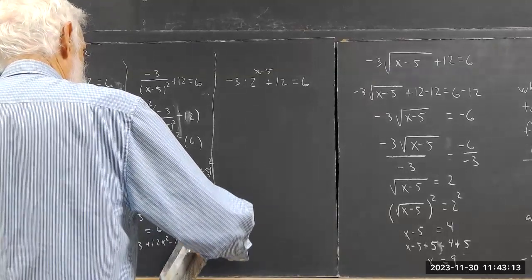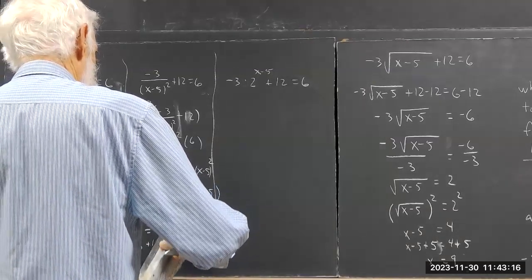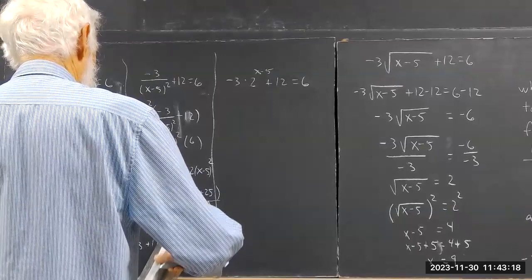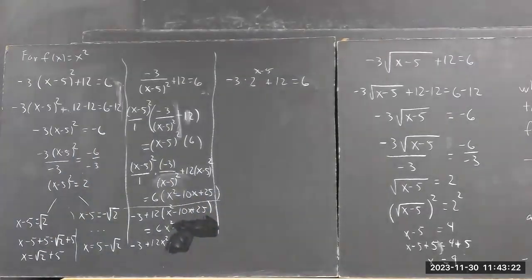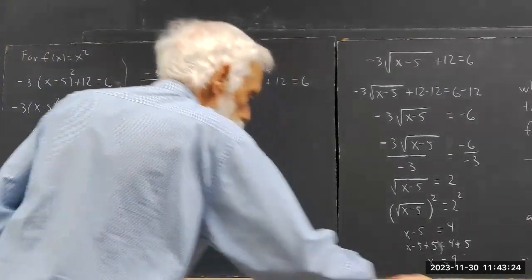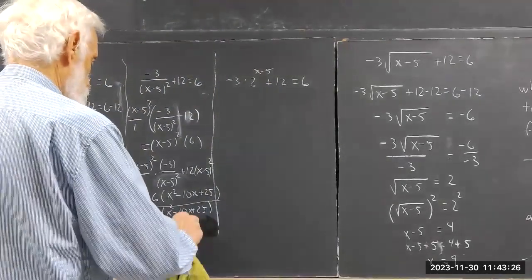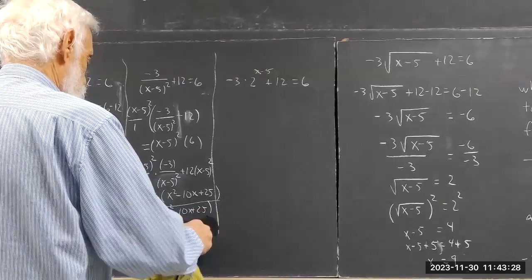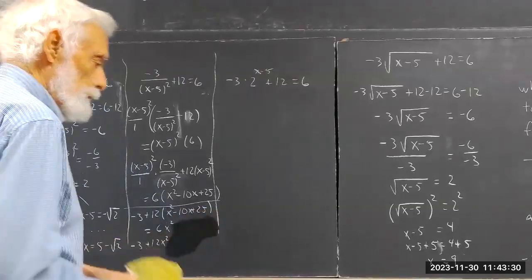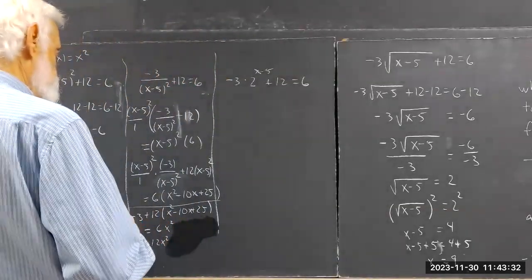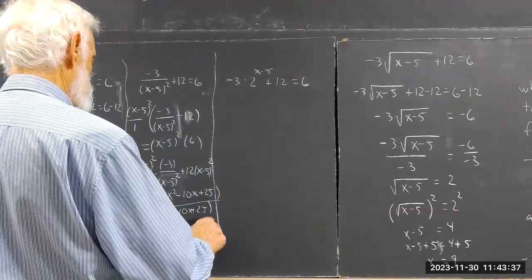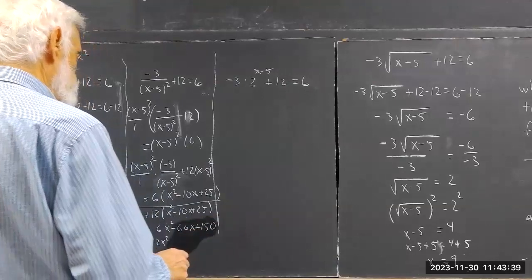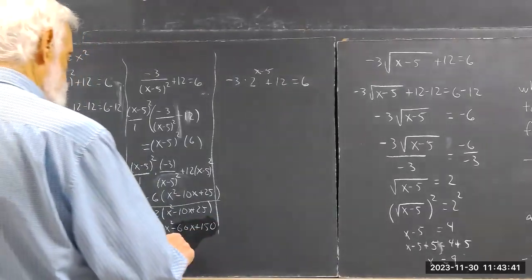Okay, multiplying here by 12. But I should have been multiplying by 6. So my 60 was correct in the first place. You want to check yourself as you go along. You don't want to get too far ahead.